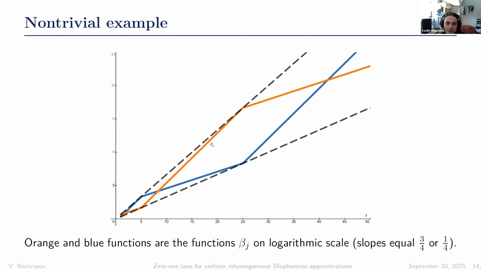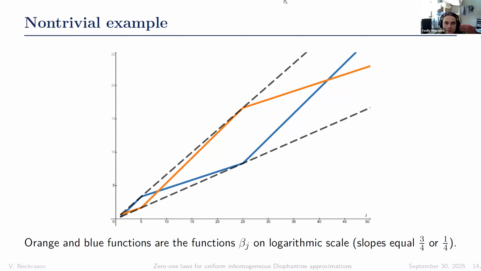Logarithmic scale is very convenient because basically for the classical setup of approximations with weights on logarithmic scale, our functions are just straight lines with different slopes, where slopes are exactly the weights. And it is clear that we can alternate between these two linear functions using piecewise linear functions also with bounded slopes. And boundedness of slopes is the condition that gives us quasi-multiplicativity, which in turn will be used for all of our proofs.